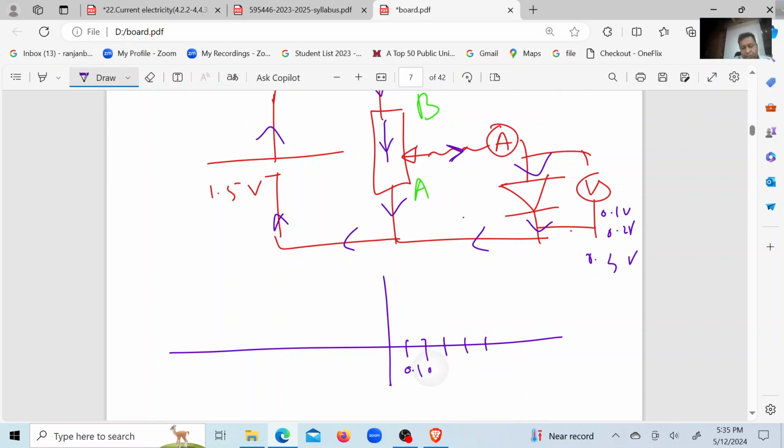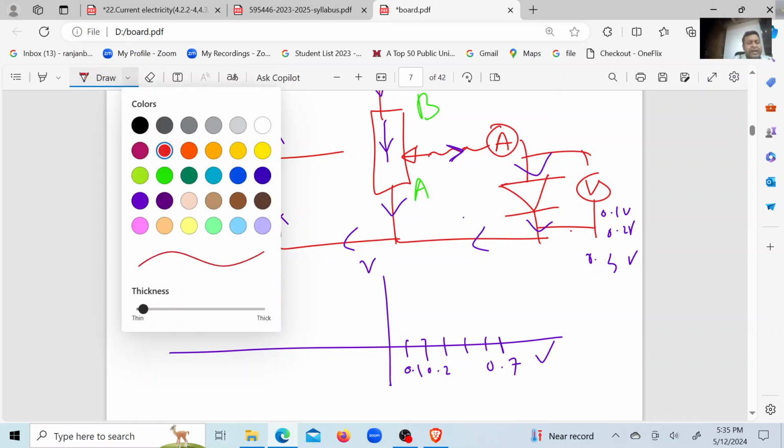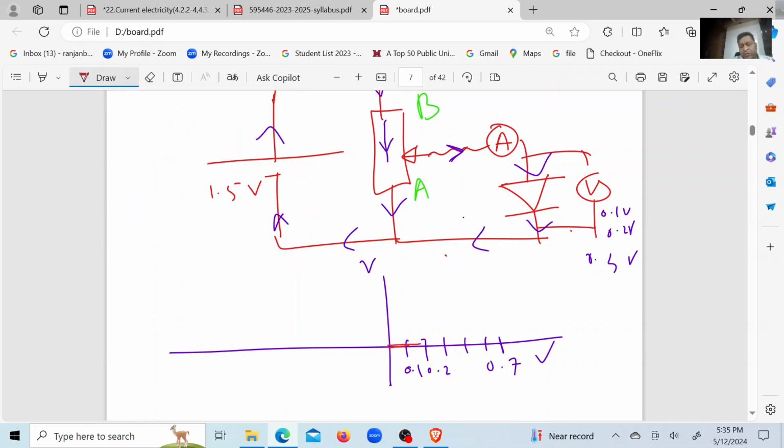If it is a silicon diode, when the voltage is about 0.7 volt, then look, previously the graph was almost zero or little current, then it almost becomes vertical like this. This is actually positive voltage.